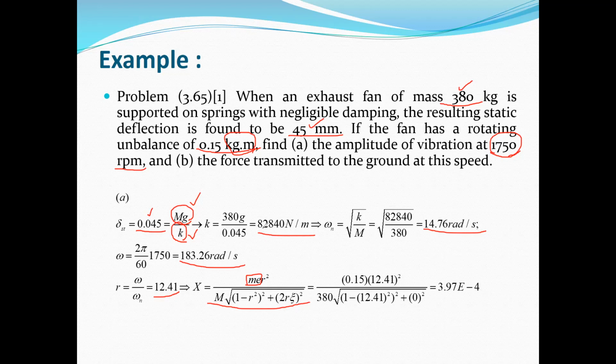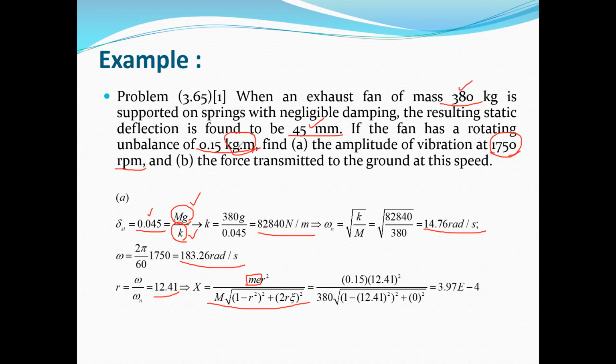If you remember from yesterday's lectures, the rotating unbalance is equal to the mass of the unbalancing particle multiplied by its radius of the rotation.